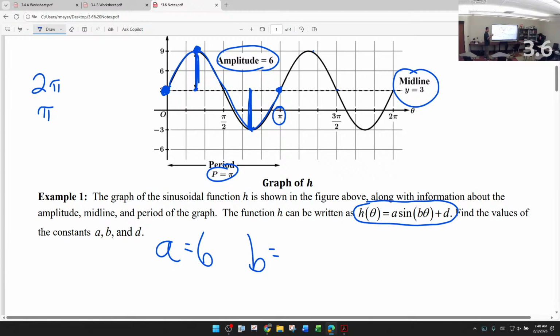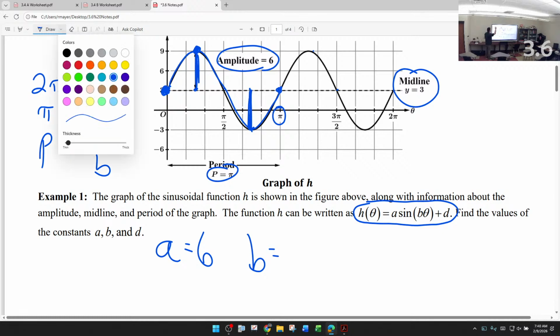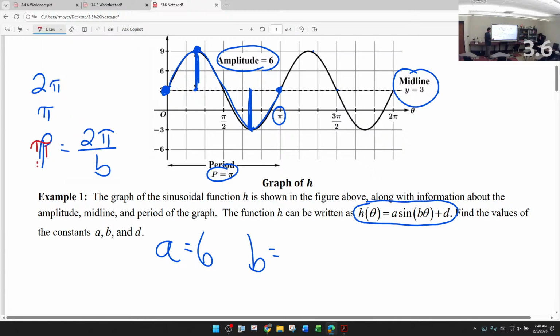And so what you should do if you don't want to miss it is do that period is equal to 2 pi over b. And we know that the period is pi. Now you got to solve that for b.